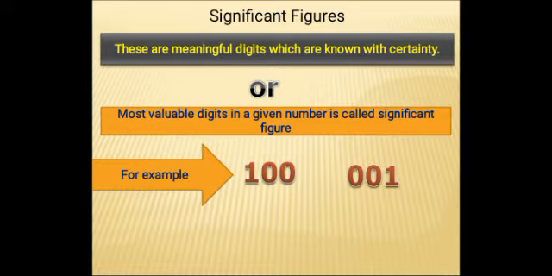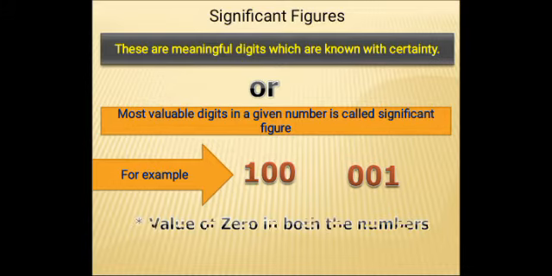But what is the difference? The difference is the value of 0 in both numbers. In 100, the 0 is after 1, whereas in 001, the 0 is before 1. When mathematically there are zeros before 1, there is no value to them. You can see this is like 100 rupees and 1 rupee.